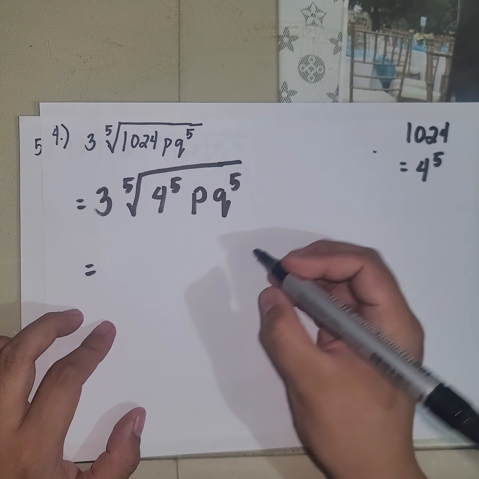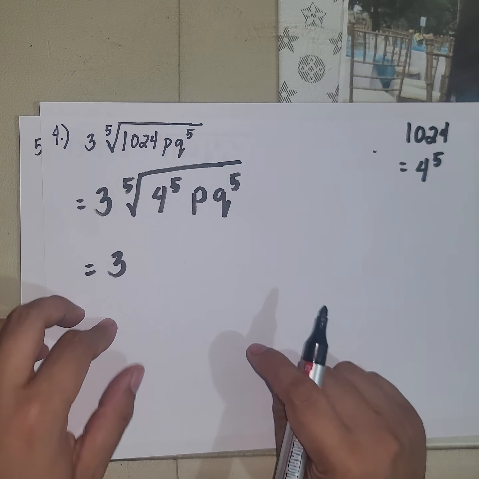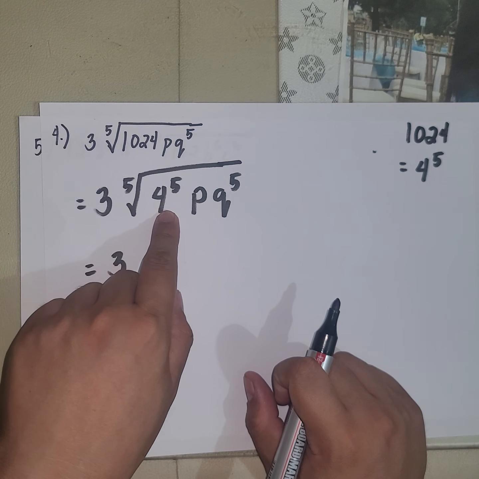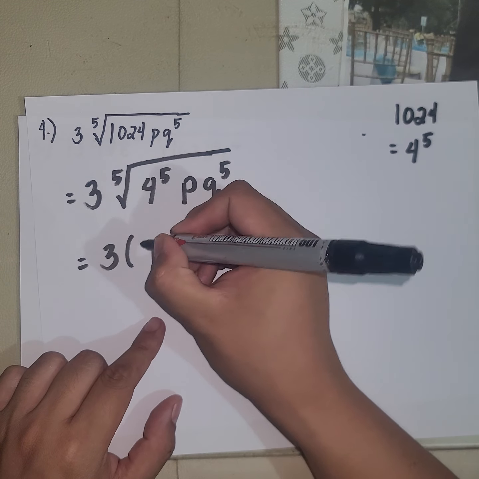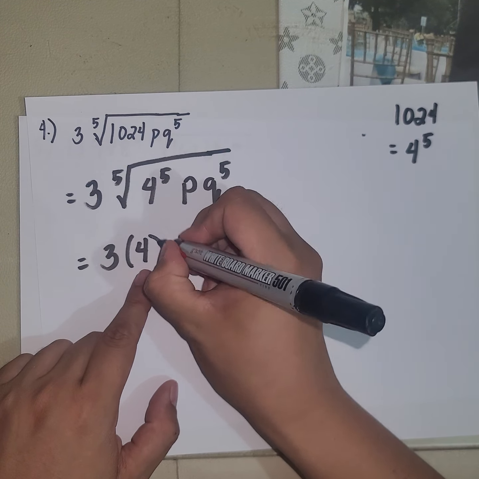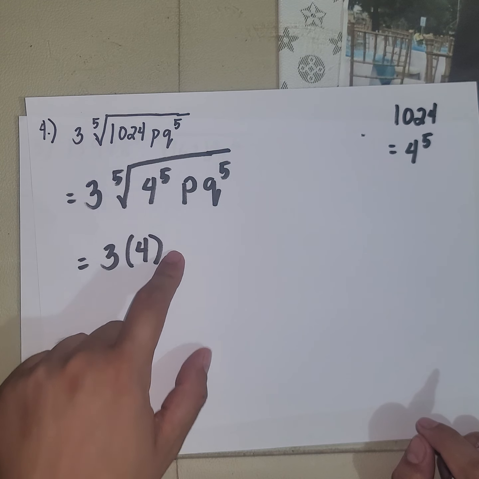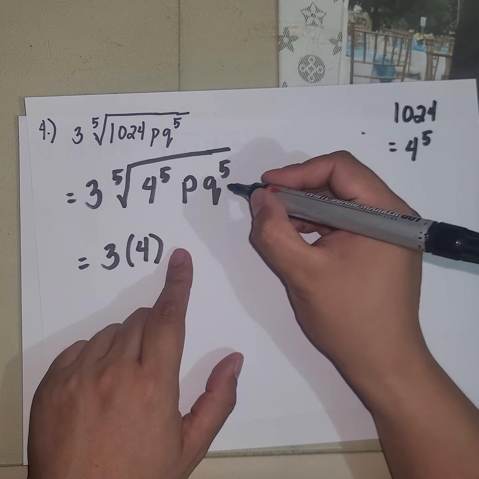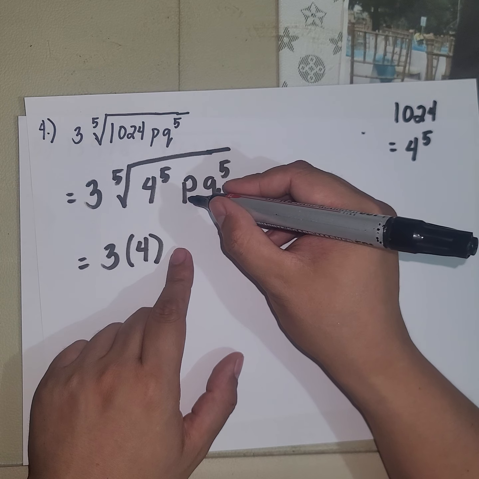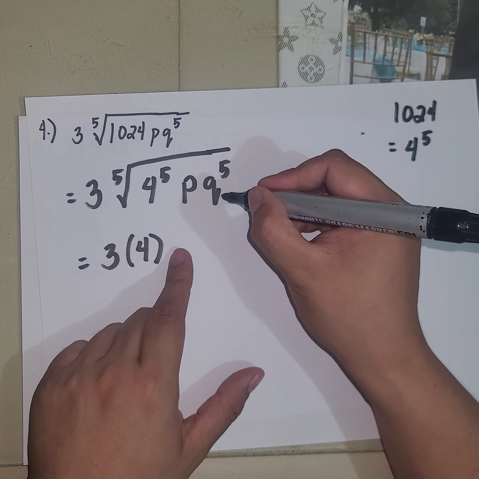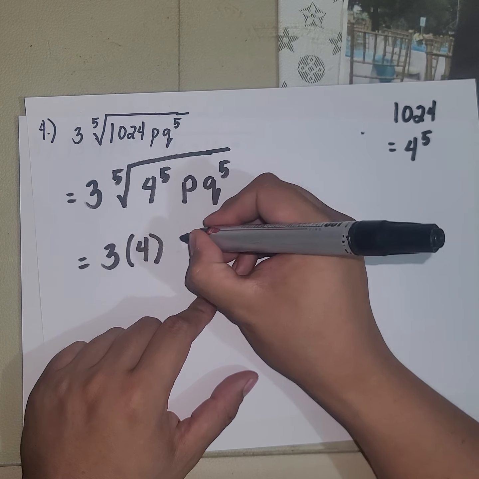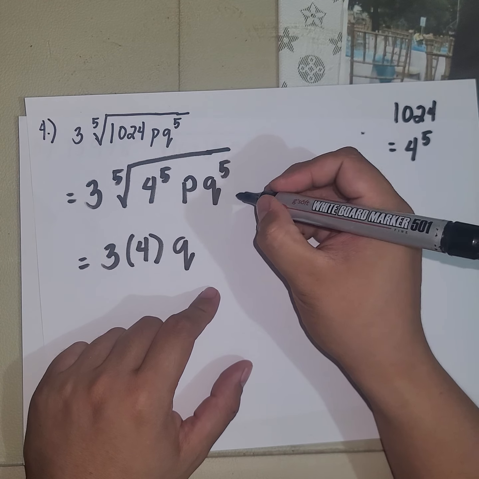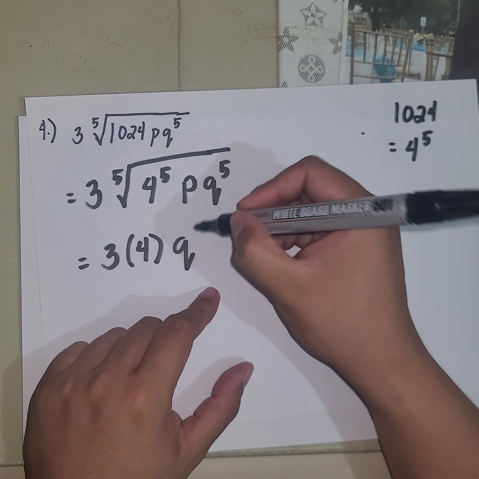Okay, so equals 3. Fifth root of 4 raised to 5, that is 4. And then, fifth root of P, mariretain siya sa loob ng radical sign. How about the fifth root of Q raised to 5? That is Q na lang. Kasi 5 divided by 5, that is 1.